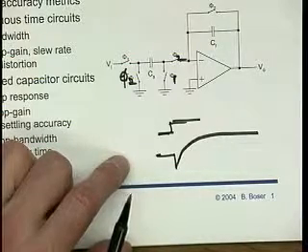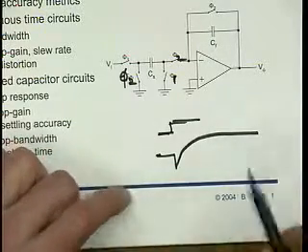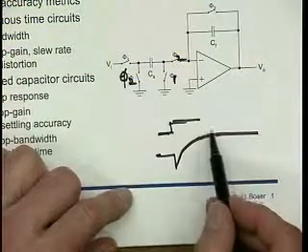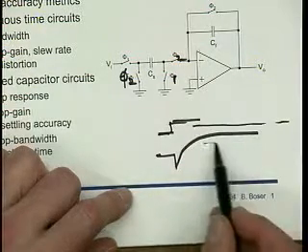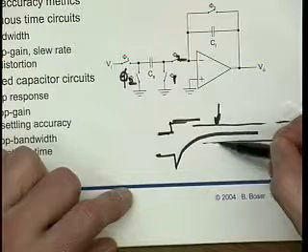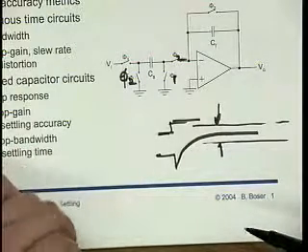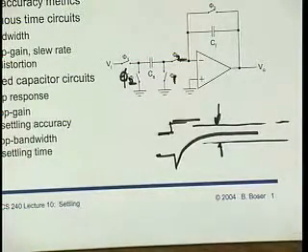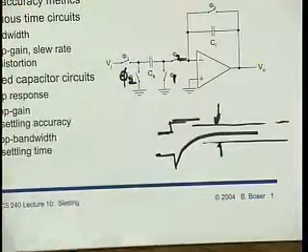Right? And we want to know how long is it going to take for the output of the amplifier to be within a certain bound. Okay? So we want to calculate the settling accuracy.